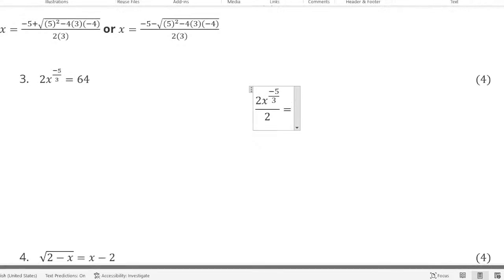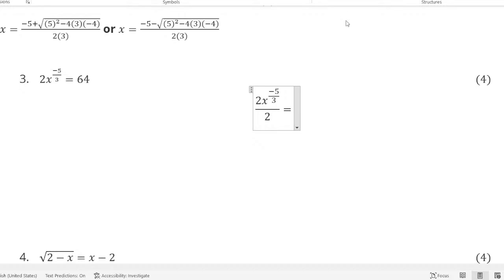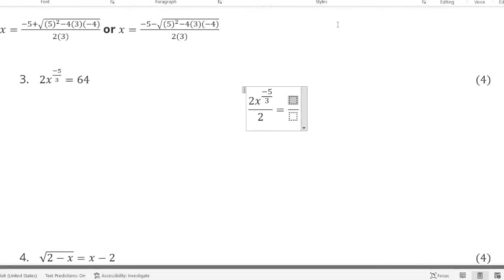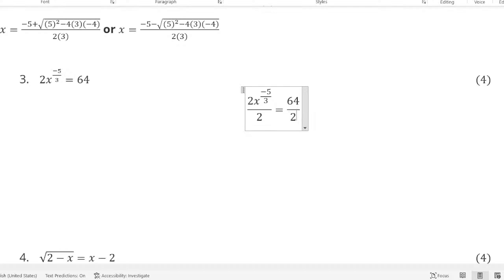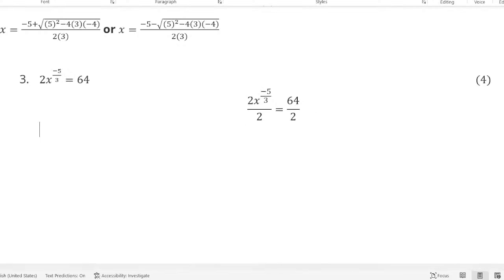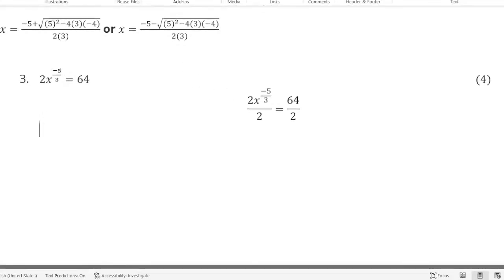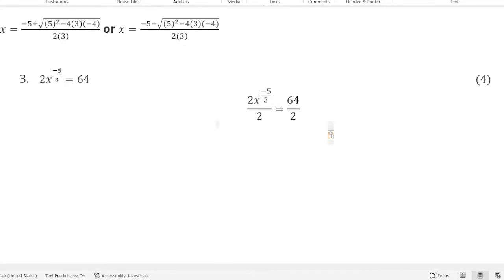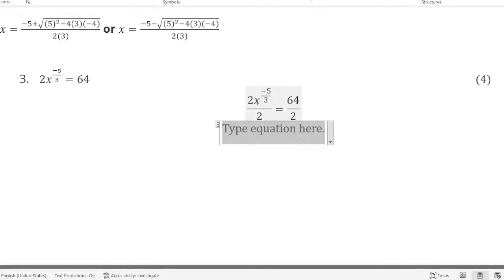It's going to be 64 divided by 2, because on the left hand side we divided this term by 2, so on the right hand side you have to do the same thing, so that we don't change the original equation. So here 2x to the power negative 5 over 3 divided by 2 will be left with x to the power negative 5 over 3.